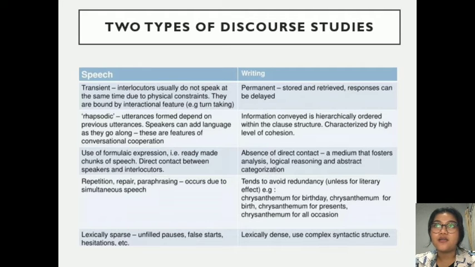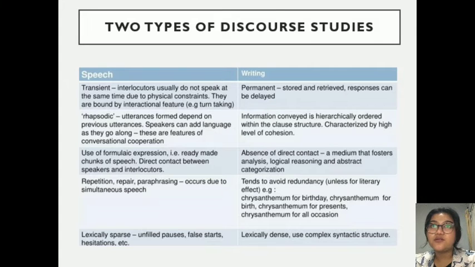It is also rhapsodic, which means utterances depend on previous utterances. The speakers can add language as they go along, and these are features of conversational cooperation. Another is the use of formulaic expressions, and the last is repetition, repair, and paraphrasing, which occur due to simultaneous speech.